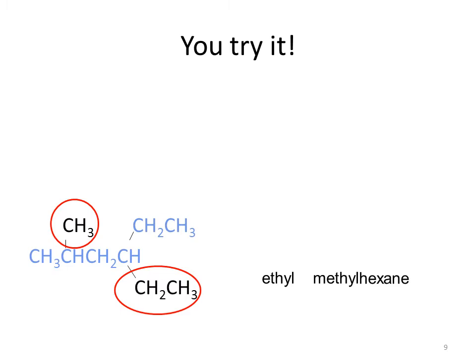There are 2 ways I could number. I could number from the left, which gives me 2 for the methyl and 4 for the ethyl, or I could number from the right, which would give me 3 for the ethyl. 2 is lower than 3, so we choose 2 for the methyl and 4 for the ethyl.